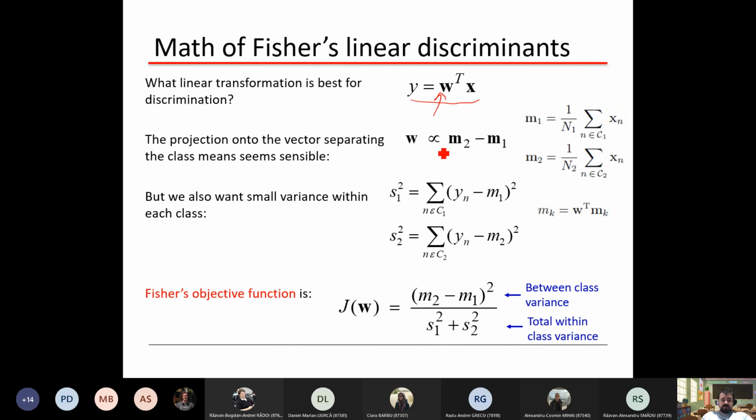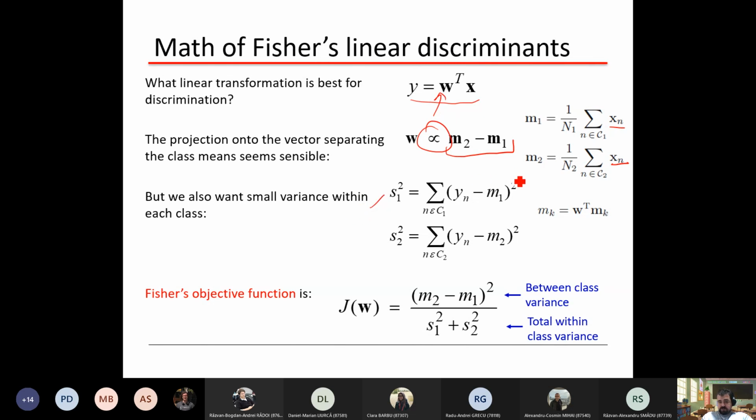First of all, it seems sensible to directly make this w depend on the direction uniting the means, so m2 minus m1, where m1 and m2 are simply the means of the points from each class, C1 respectively C2. But we also need to consider small variance within each class.